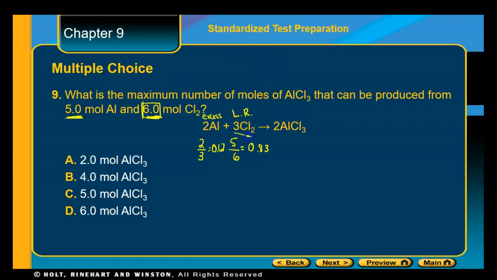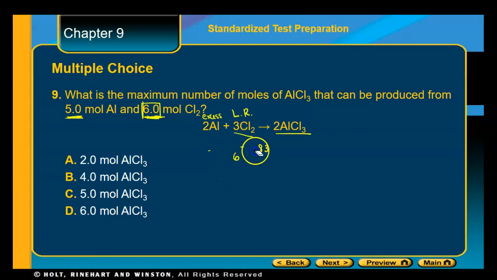So 3 moles of chlorine gives me 2 moles of AlCl3. 6 moles of chlorine should give me... Any guess? Here, let me erase.